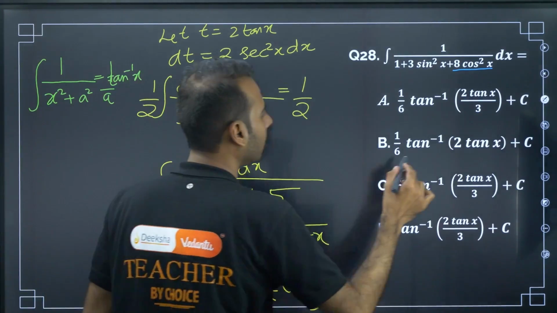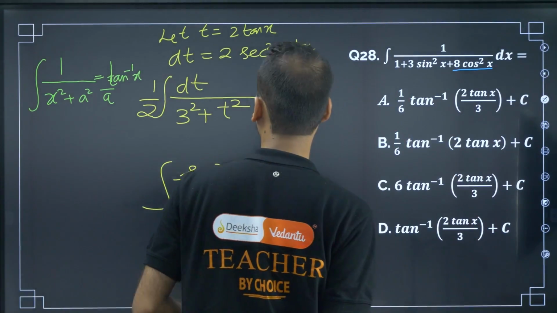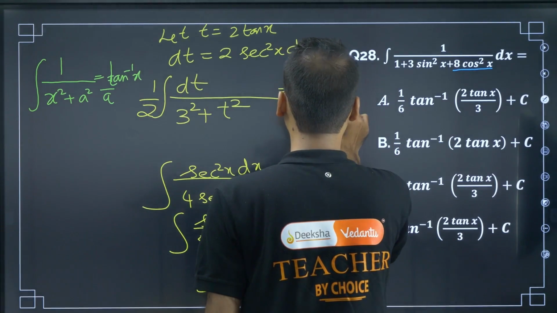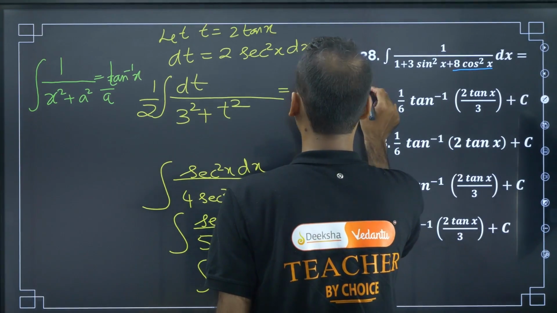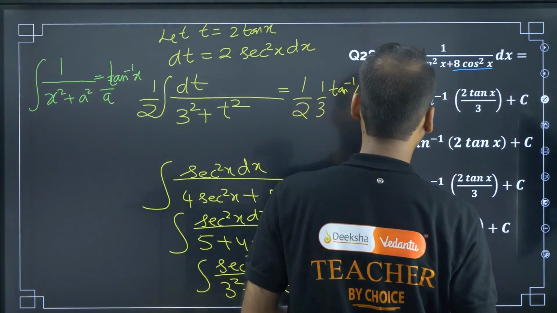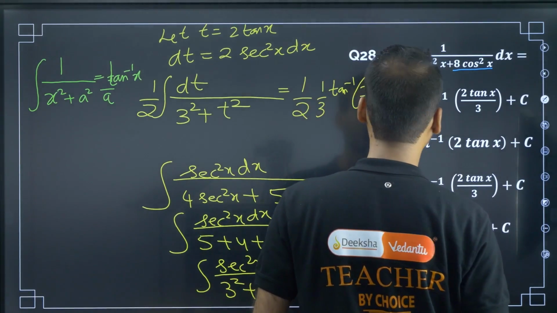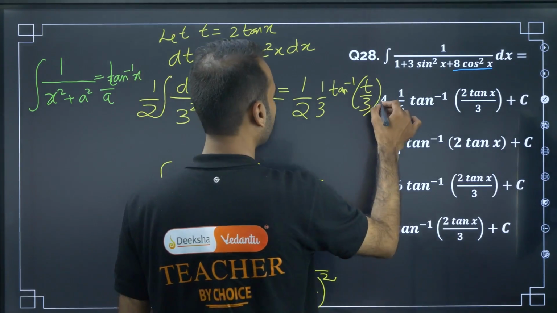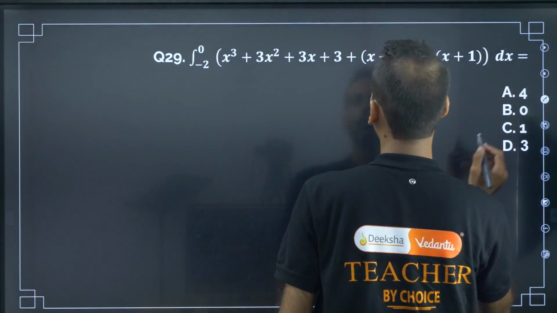Now you see that synopsis point and you see this. So here 1 by a, 1 by 3 tan inverse t by 3. So 1 by 6 tan inverse. A is the answer. Moving on to the next question.